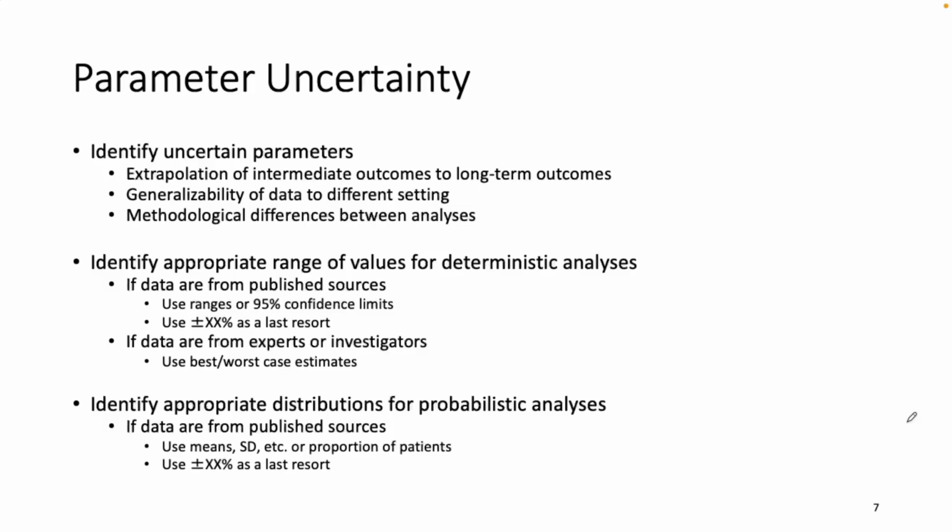Broadly speaking, these are the steps involved with doing these analyses. The first step is to identify the uncertain parameters. In reality, basically every parameter is uncertain. There's very few times where you have a parameter where you're like, yes, I know this parameter, it's locked in, it is certain.